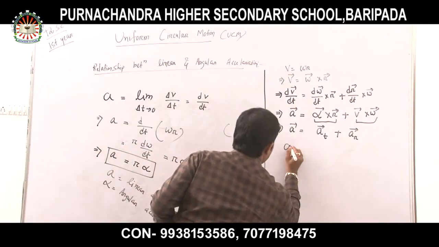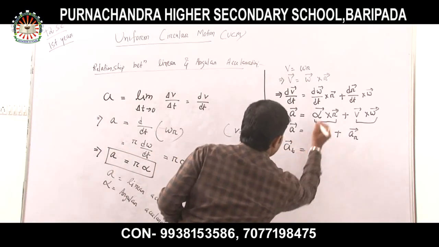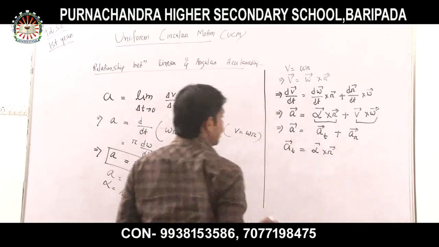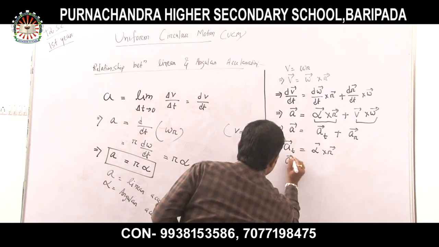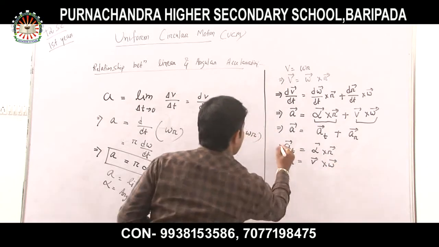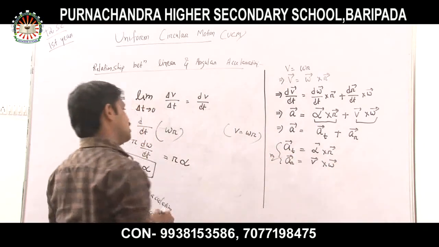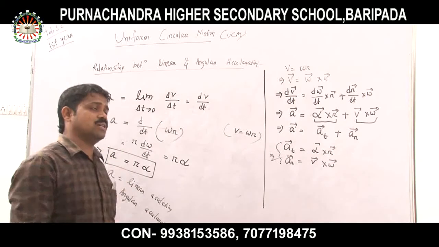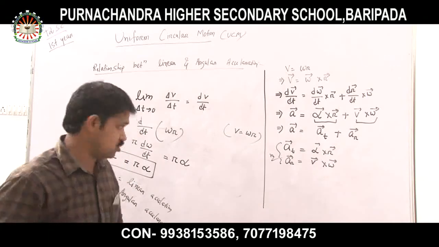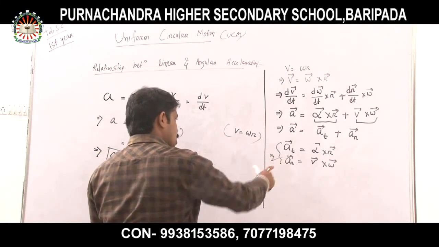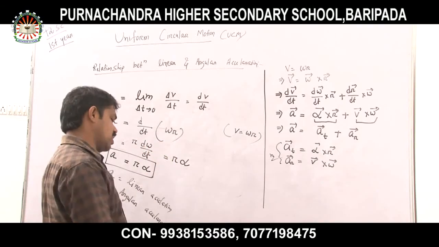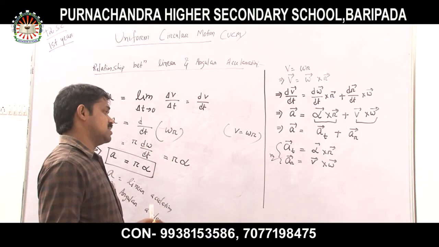The tangential component of acceleration is denoted as alpha cross r, and the radial acceleration as v cross omega. These are very important. For a circular motion, not a uniform circular motion, we require two types of acceleration.